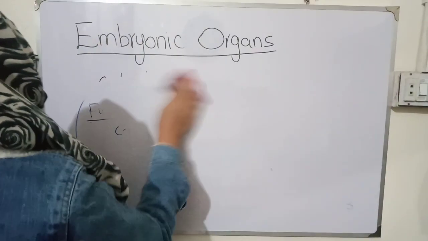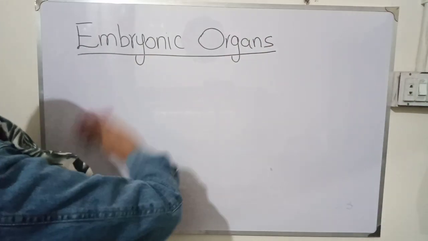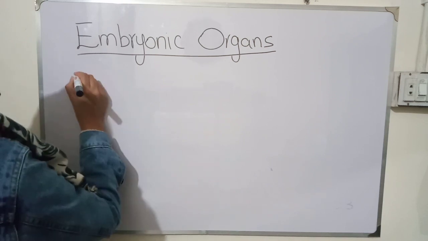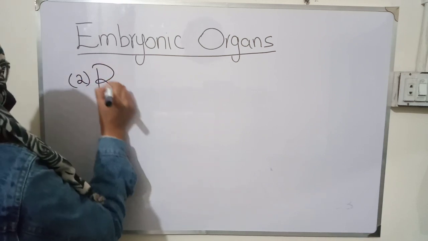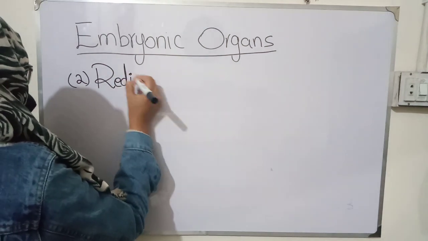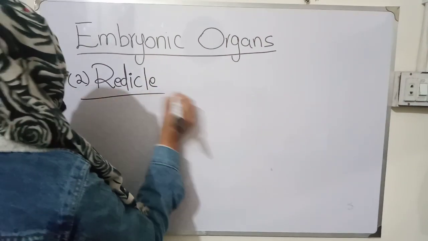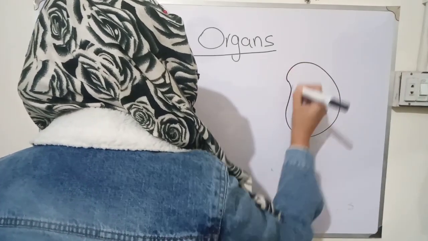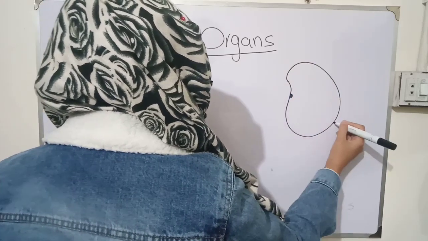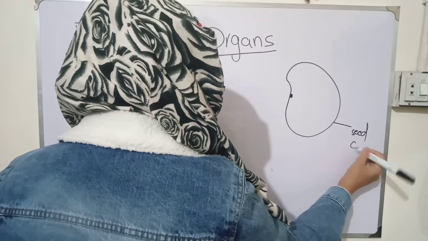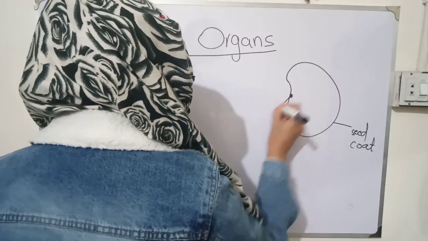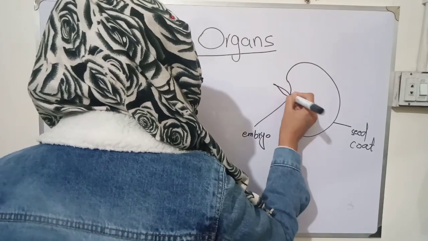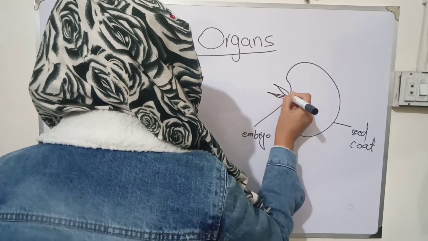Okay, the first part, cotyledon, is described enough. Then the second one is radicle. As you can see here, the seed coat. Okay, that is the embryo. These are the cotyledonous leaves.